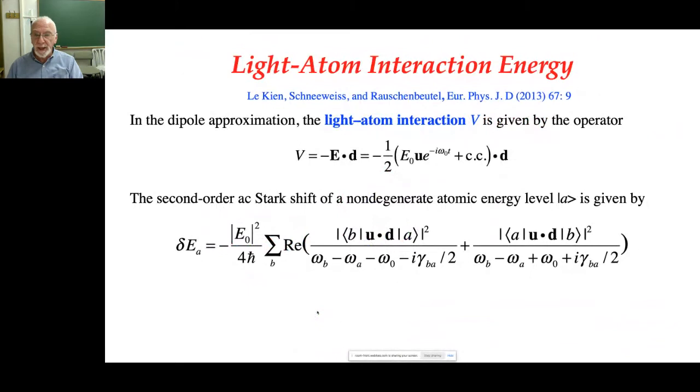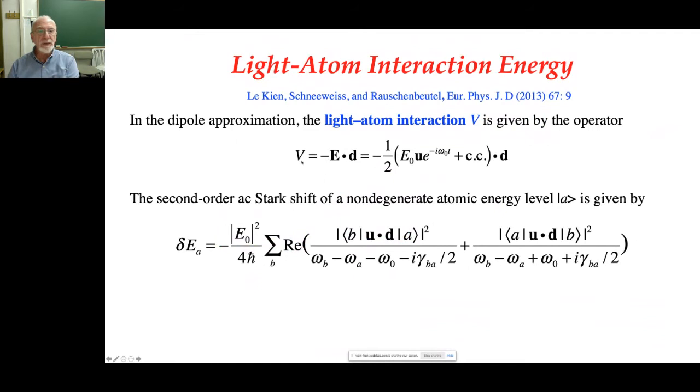What is the interaction of the light with the atom? Well, the light-atom interaction is just given by the scalar product of the electric field with the electric transition dipole moment of the atom.